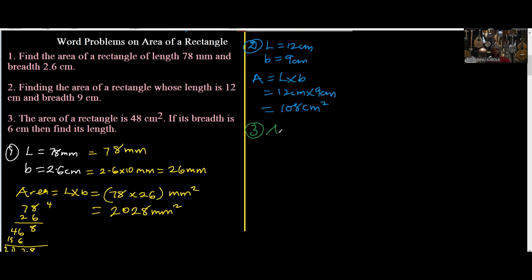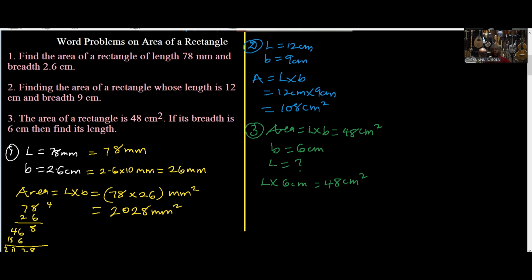And the third one, number 3, says the area of a rectangle is given, which is length times breadth, 48 cm squared. So the breadth is 6 cm. The length is what we're looking for. So that means length times 6 cm equals 48 cm squared.